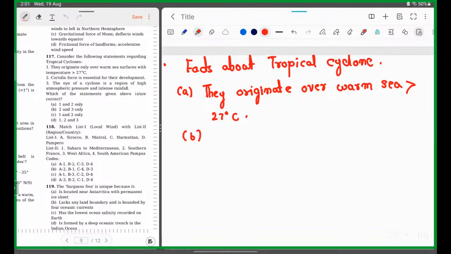B. Yes, Coriolis force is required. Coriolis force is essential for their development.